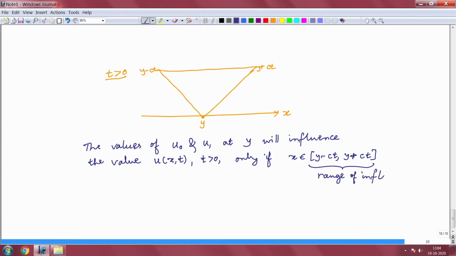These are two important concepts, and these are also used in devising numerical schemes for solving the wave equation numerically. Okay. So, these are two important concepts.